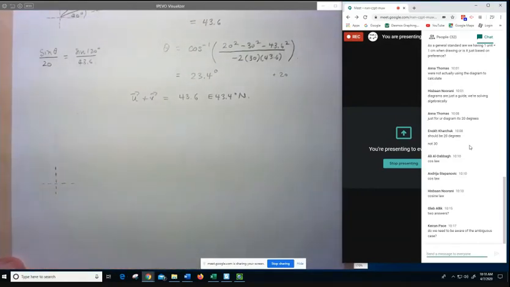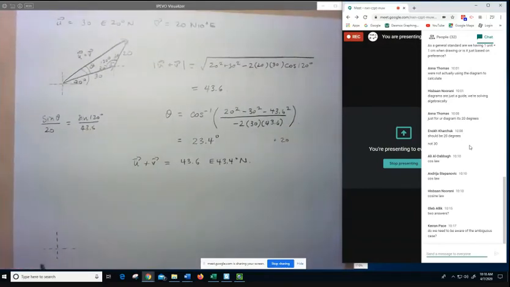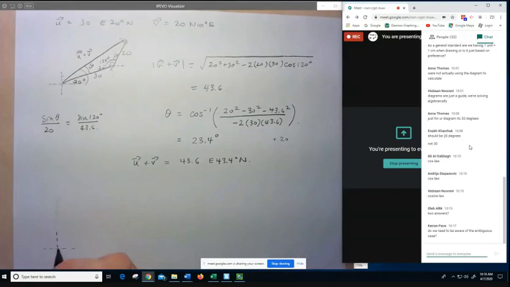So I'll draw the way I'm not going to use first. If I take u, I again have 30 east, 20 degrees north. So I have this angle here, and again, this is 20, and that's a length of 30.